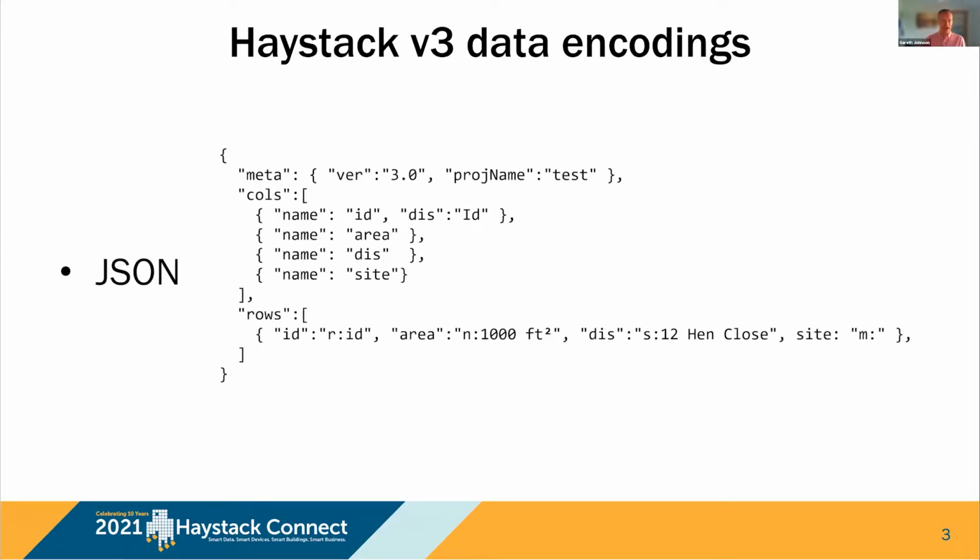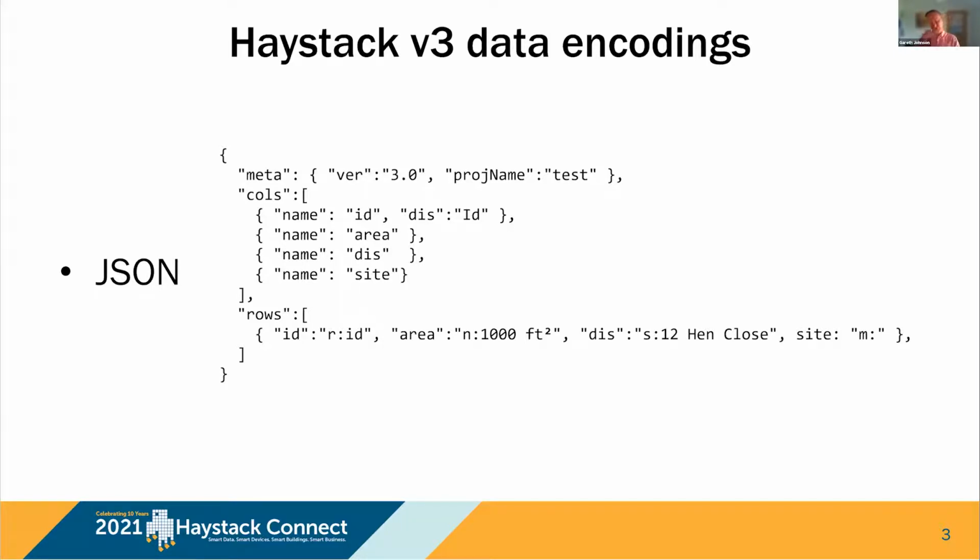And finally, we have the older JSON encoding format. So I've got a grid here. And typically with JSON, you just use a JSON parser to parse your JSON, and you get your JSON objects back. But with this particular JSON, you actually have to do some extra parsing. If you look at that dict in the row along the bottom here, if we look at ID, you can see ID is a string, okay, and its value is r:id.